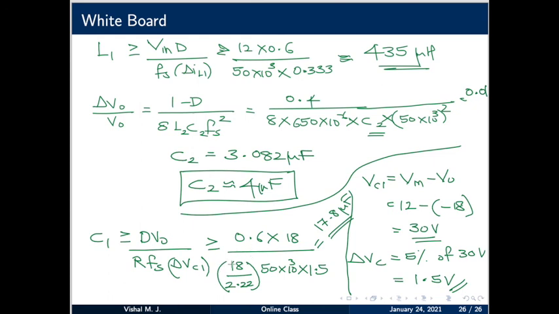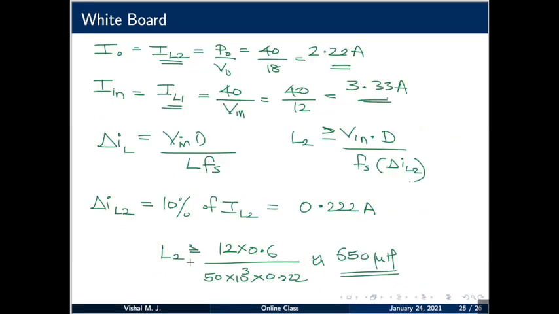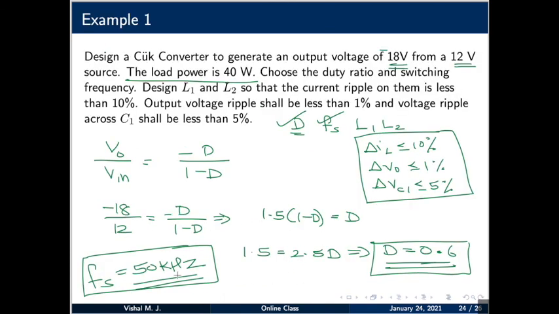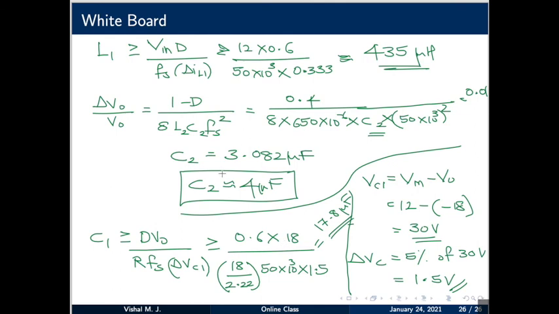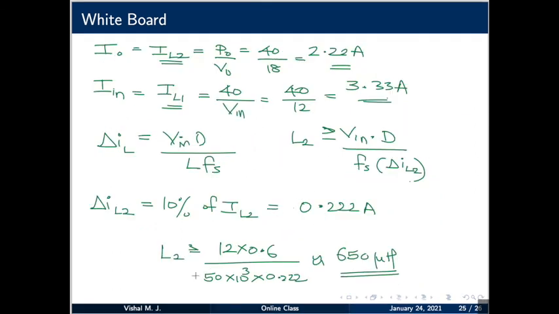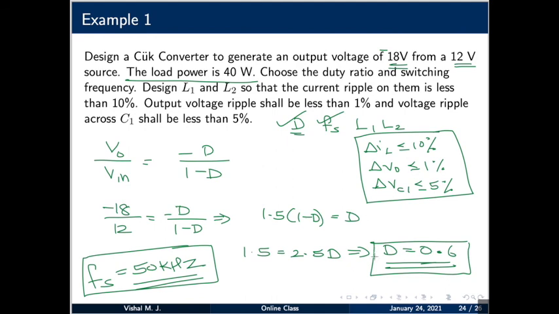So we have designed C1, which is 18 microfarad, C2, which is 4 microfarad, L1, which is 435 microhenry, and L2, which is 650 microhenry. We have calculated the duty ratio, which is equal to 0.6, and we have chosen a switching frequency of 50 kilohertz.